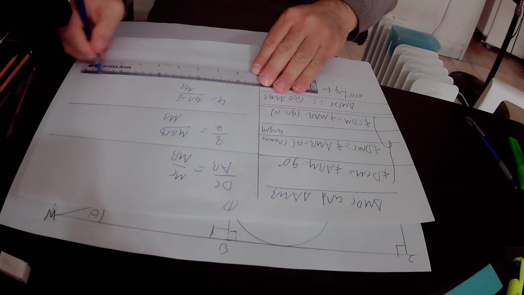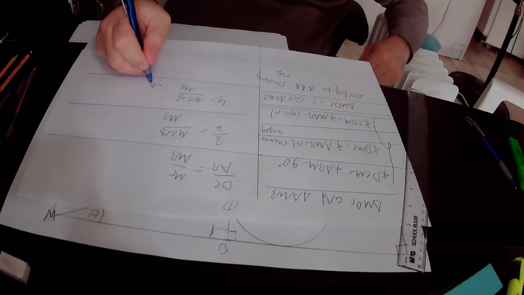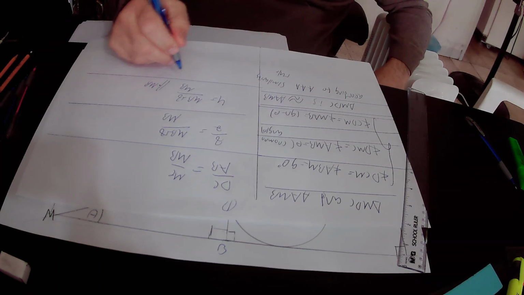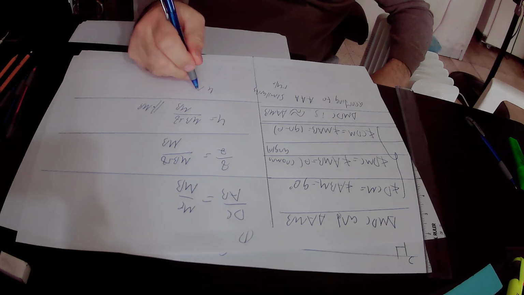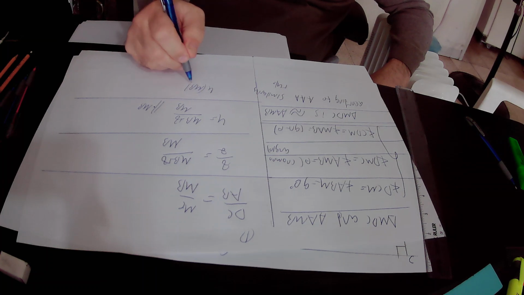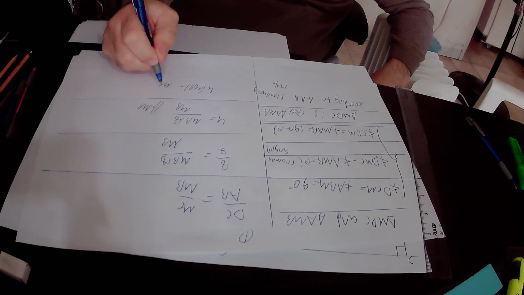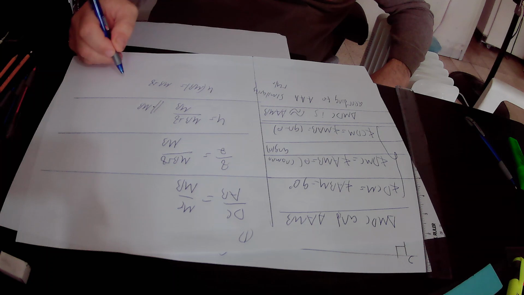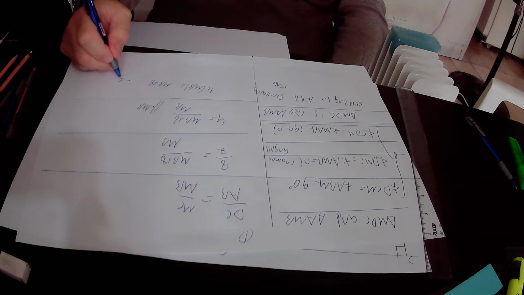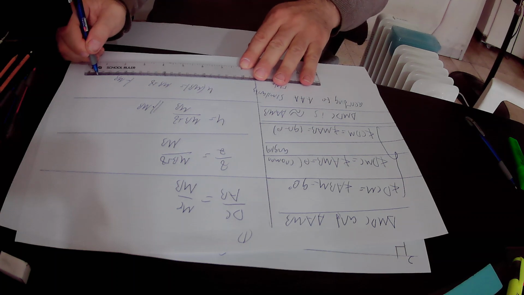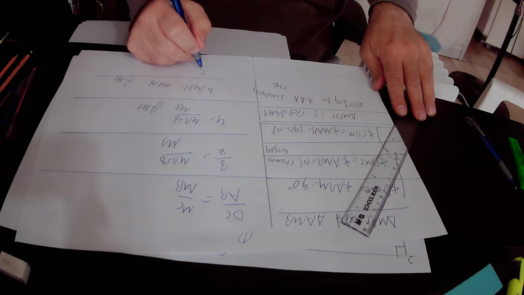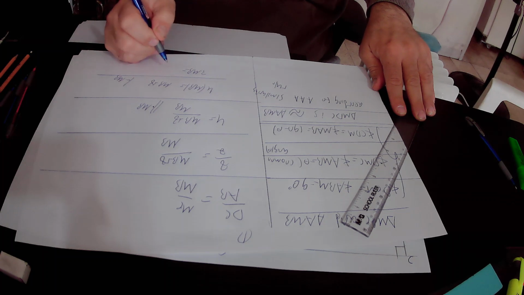Here we multiply this equation by MB and we get that 4 times MB equals MB plus 8. Here we subtract MB from this equation. 4MB minus MB is 3MB, so 3MB equals 8.